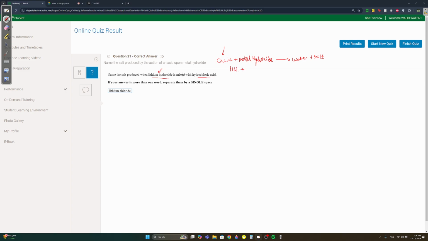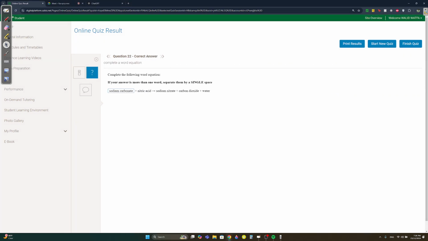What's the metal hydroxide? LiOH. How do you know what the salt is? Like I told you, just box up the middle. Full box. What do you get? You get LiCl. Because if you wrote LiOH plus HCl and boxed the middle, you would get H2O, and that's not a salt. Obviously you can put LiCl, but you get what I'm trying to say. So LiCl, lithium chloride.